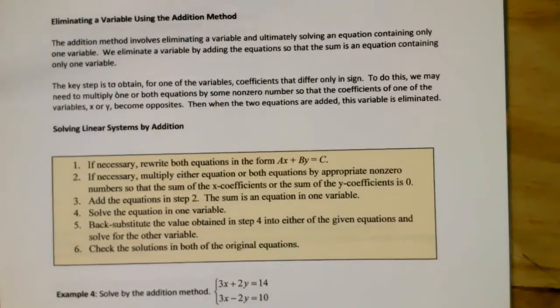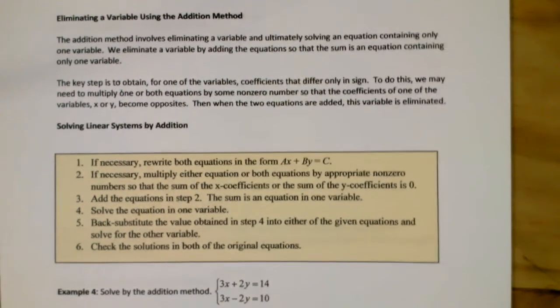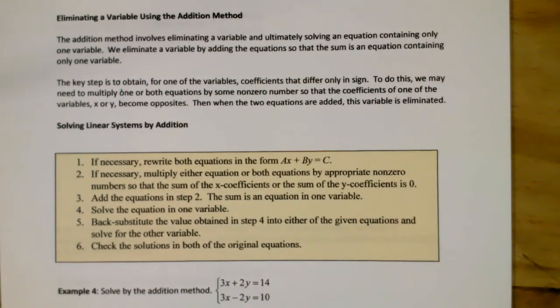All right, next we'll look at another method of solving a system of equations, and that is the use of the elimination method. Well, on this handout, it says the addition method, but some textbooks call it the elimination method, by the way, because you're going to have to add or subtract the two equations in order to get an equation in one variable. So here the addition method involves eliminating a variable and ultimately solving an equation containing only one variable.